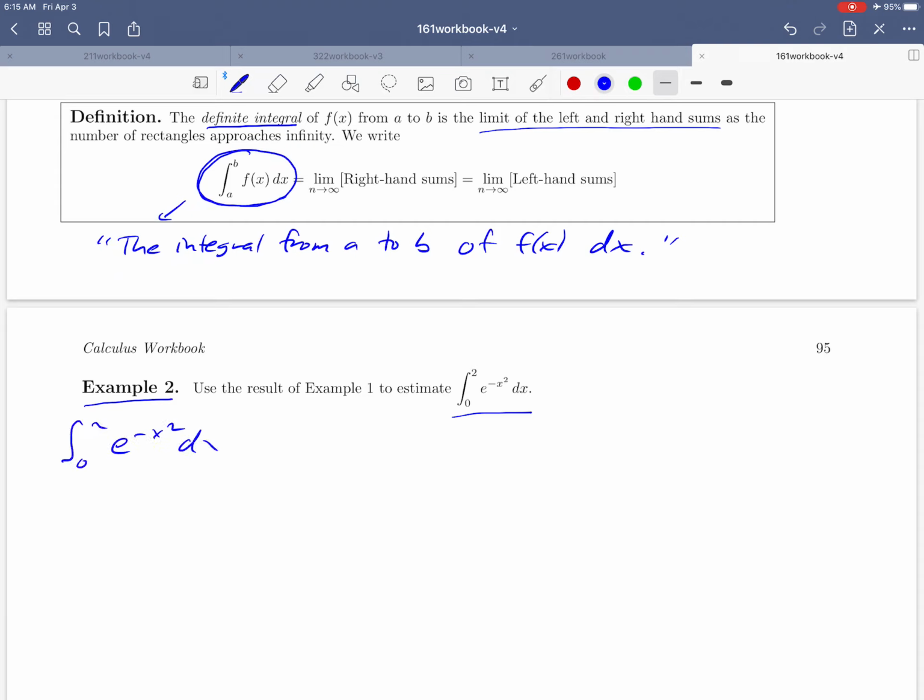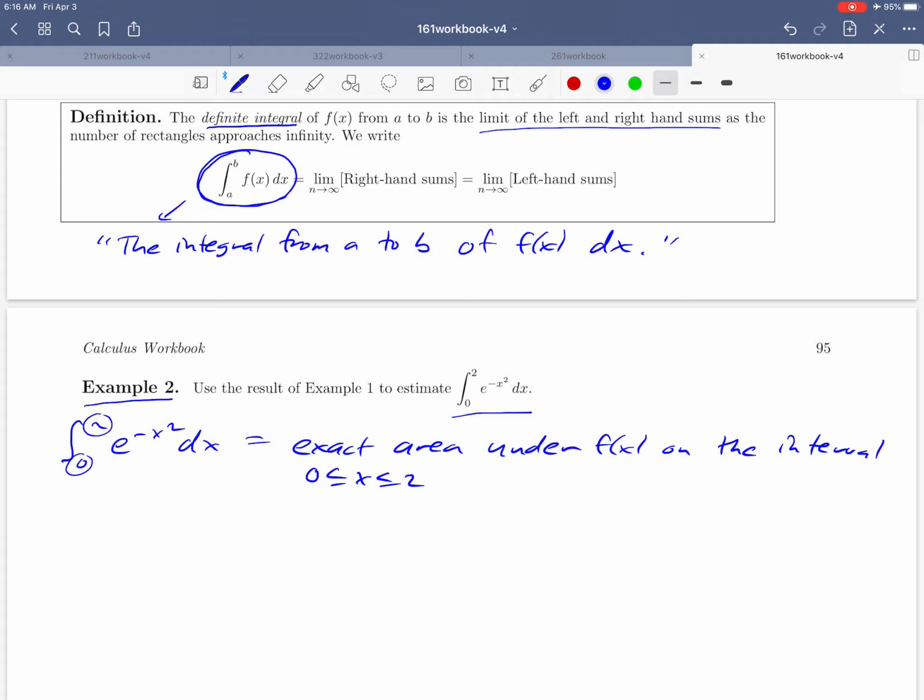Again, this definite integral is just a way of representing and talking about the exact area under a curve. So in words, this is just asking us, what is the exact area under f of x on the interval 0 less than or equal to x less than or equal to 2? The 0 and the 2 are just telling us the interval that we're talking about.